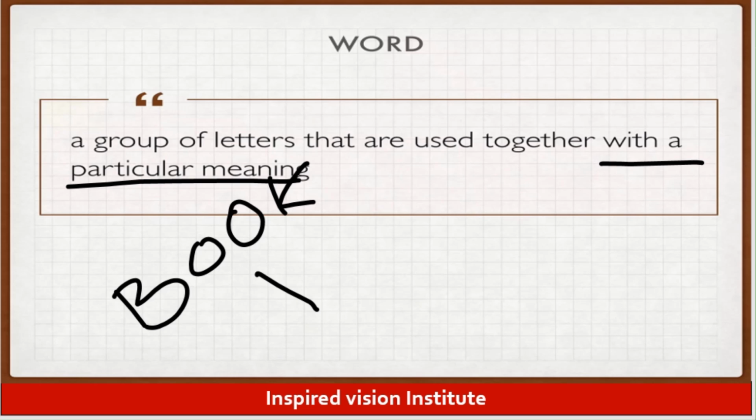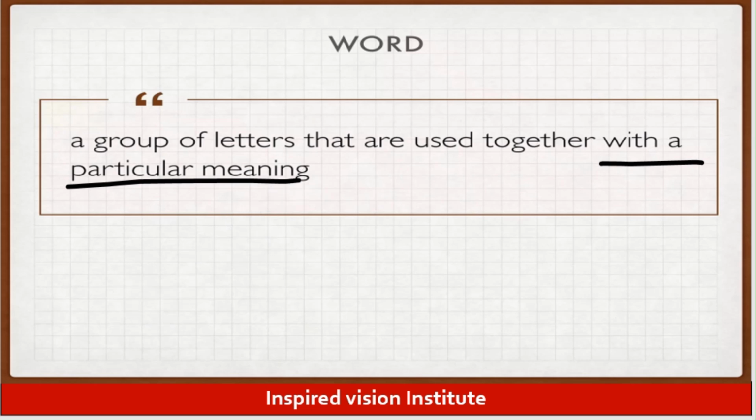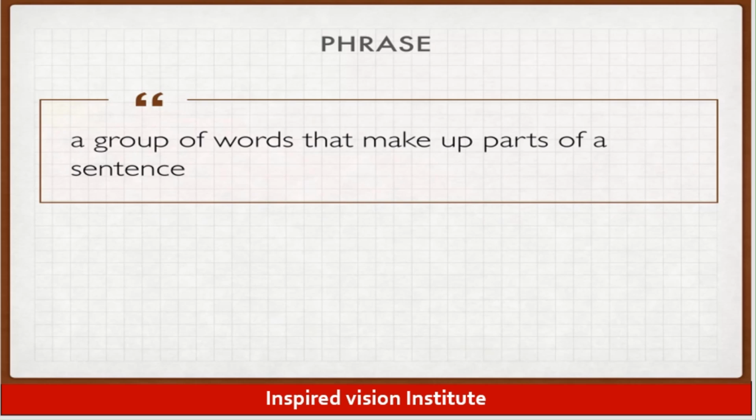Moving on, the next thing we must understand after the word is the phrase. A phrase, in fact, is a group of words. It's the main thing that makes up parts of a sentence. Not a complete sentence, but part of a sentence. It is a group of words, but part of a sentence, not a complete sentence.